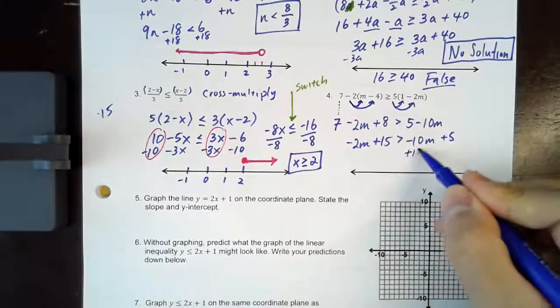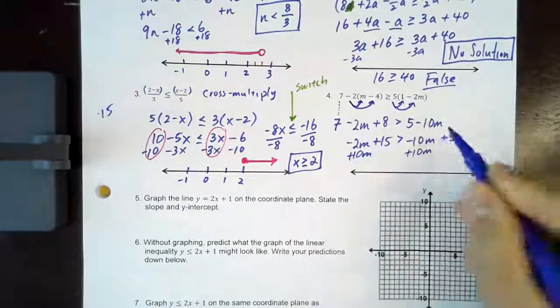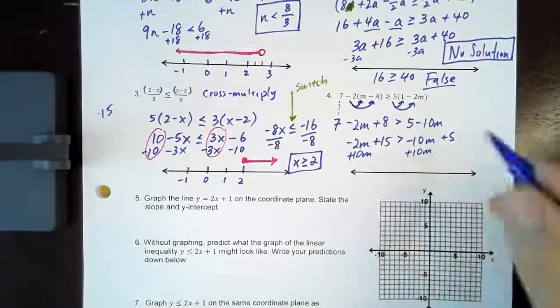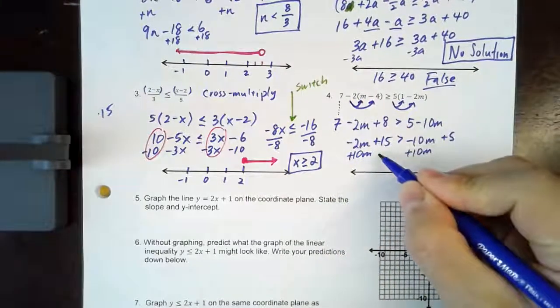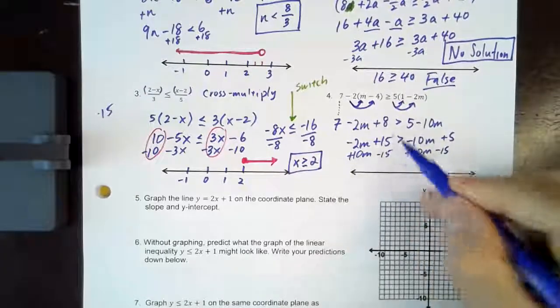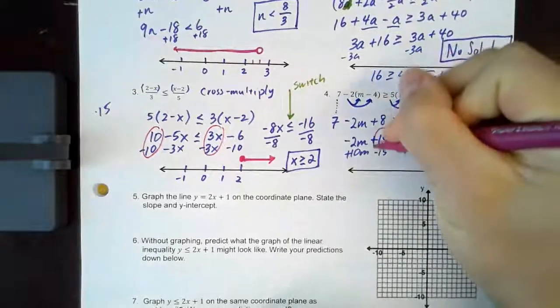Okay, so now our fortune tells us that I could add 10m to both sides, and not only does that give me a positive variable, it also pushes the variable to the left side. I'm also going to do negative 15 on both sides. I'm going to subtract 15 because I want to cancel the constant.